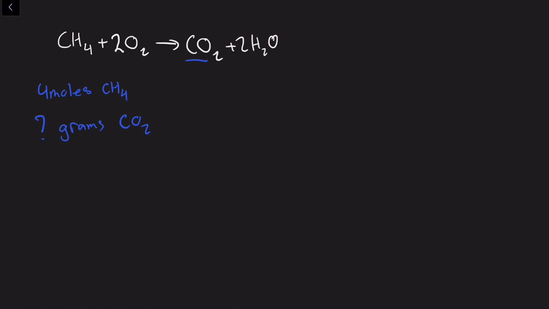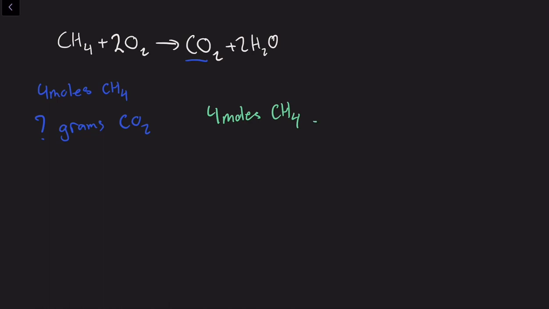So if you remember, to get from moles to grams, we can use the molar mass. But we have moles of methane and grams of carbon dioxide. We can't do our molar mass conversion. We have to first do a mole to mole conversion. And it'll look like this. We start with our 4 moles of our CH4. We have to figure out how to cancel this out.